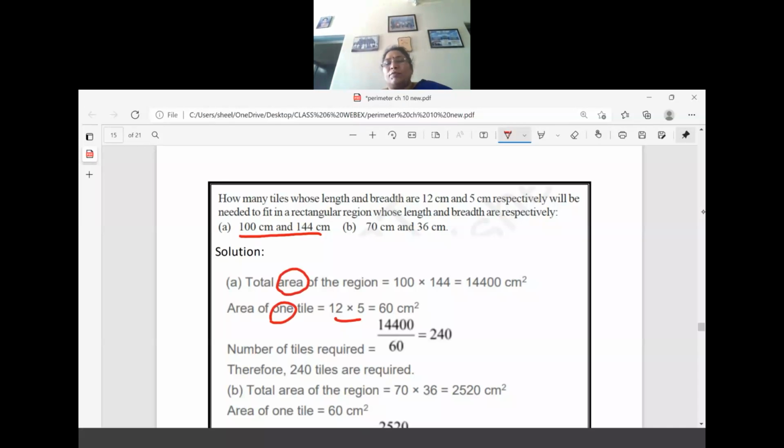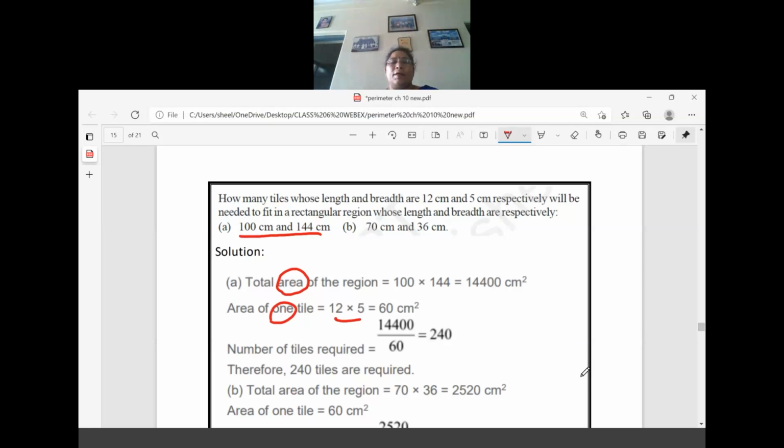So 14400 divided by 60 is equal to 240, right? The total area of the region 100 into 144 is 14400 centimeter square. Number of tiles required is equal to 240.